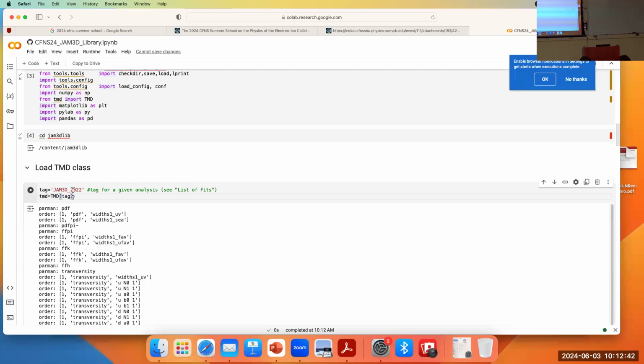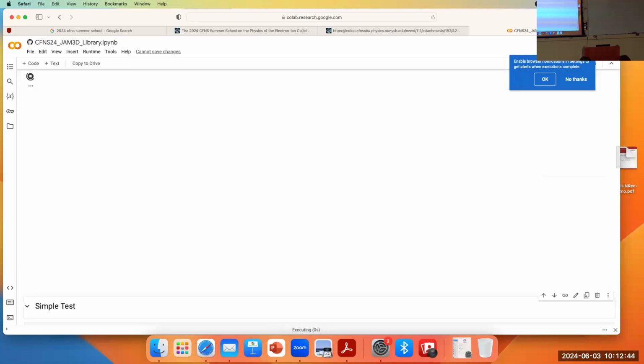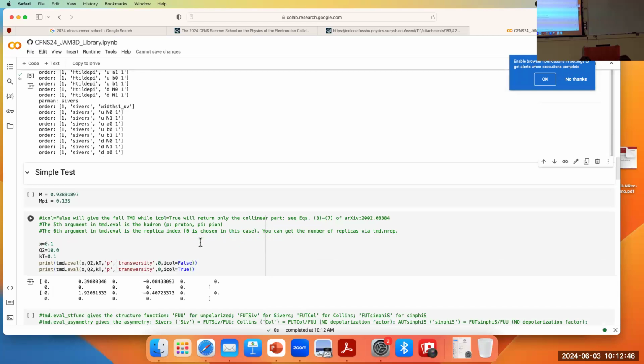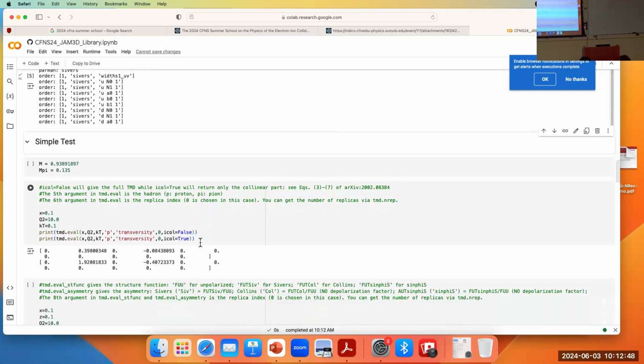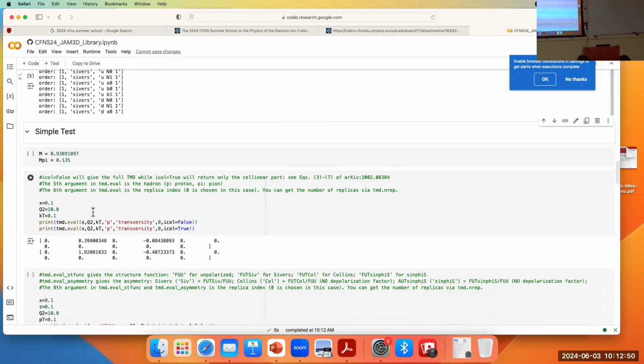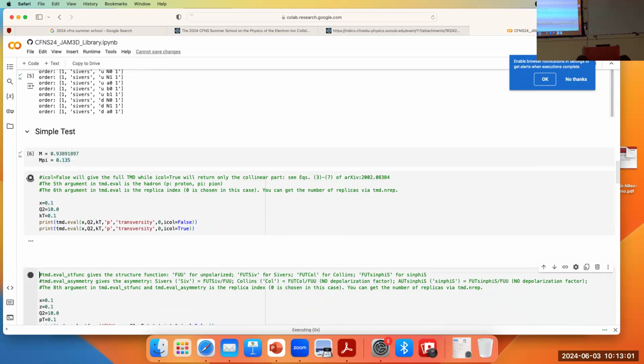You can do some simple tests. For instance, here I will define the masses of the hadron and the pion. And here I'll evaluate one of the TMD functions, in this particular case the function called transversity.